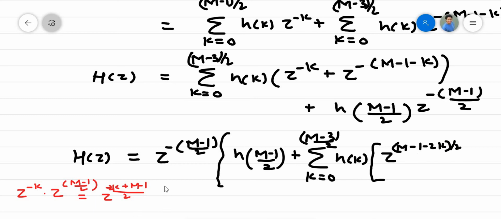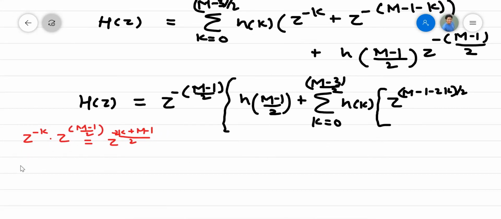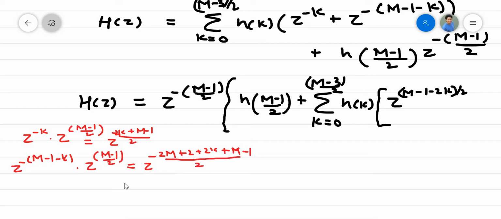Similarly, for z^(-(M minus 1 minus k)) times z^((M minus 1) by 2), it will be equal to z^((minus 2M plus 2 plus 2k plus M minus 1) by 2), which is equal to z^(-(M minus 1 minus 2k) by 2).